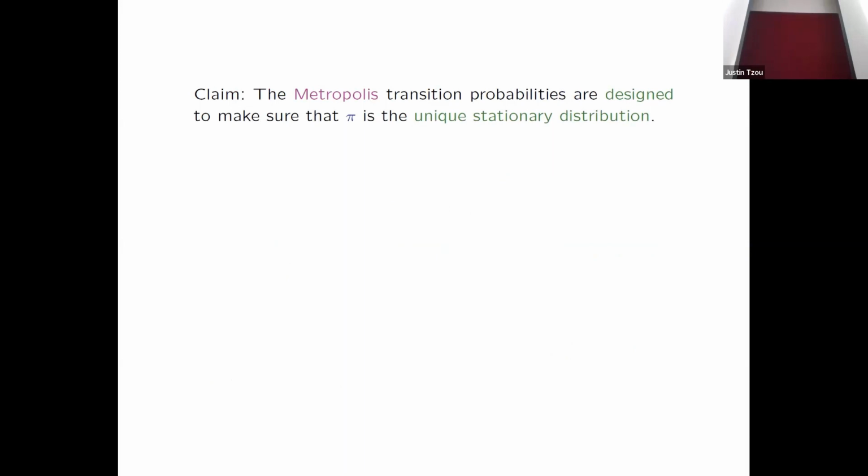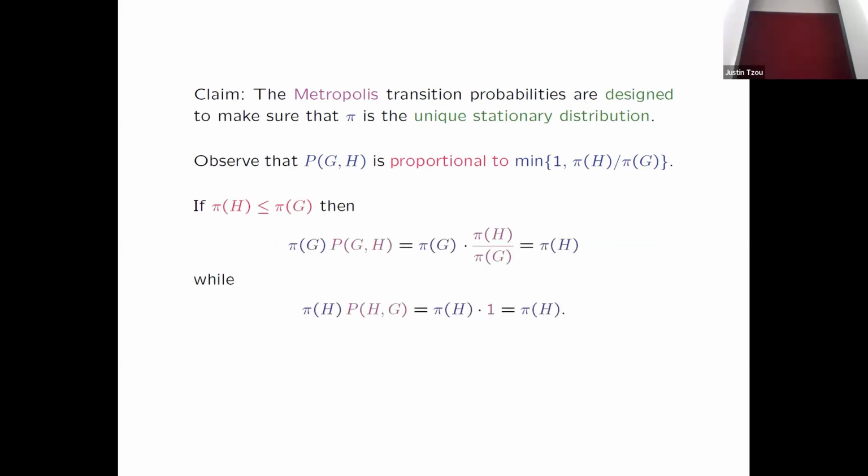The point is P of GH before was symmetric. Now it's proportional to this minimum of 1 or the pi of H divided by pi of G. And you can check for yourself. I'm not really going to give you enough time to read this, but the detailed balance equations hold with these transition probabilities.